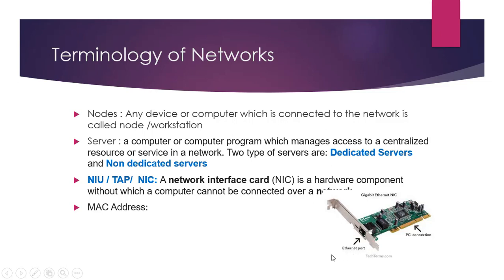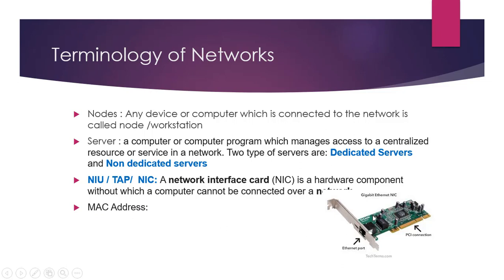You can connect your wire to the Ethernet port and your computer is connected to the network. So it provides an interface to the network via a cable. Now we have a MAC address associated to this NIC. It is a physical address and it is unique for each and every device.